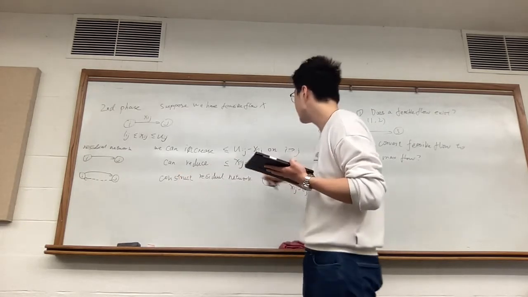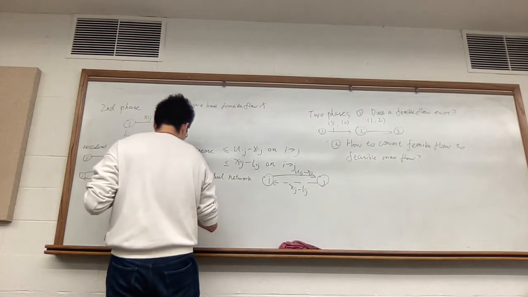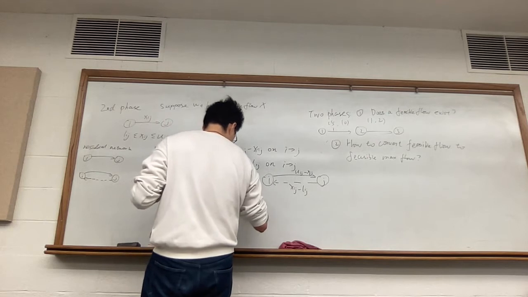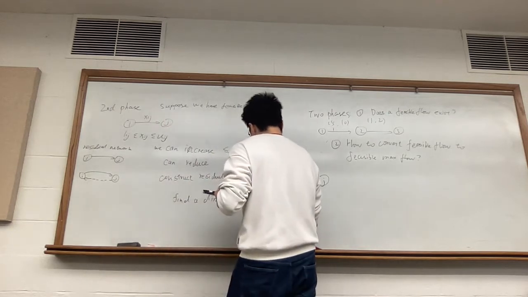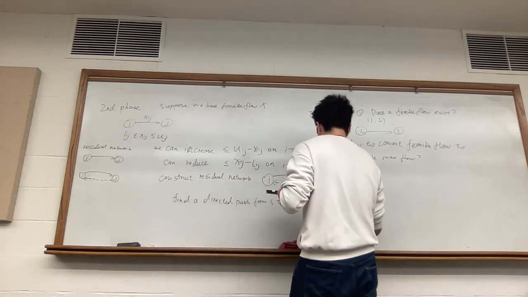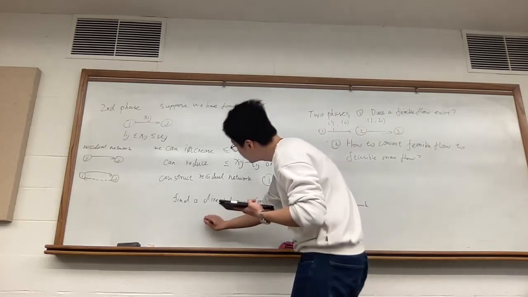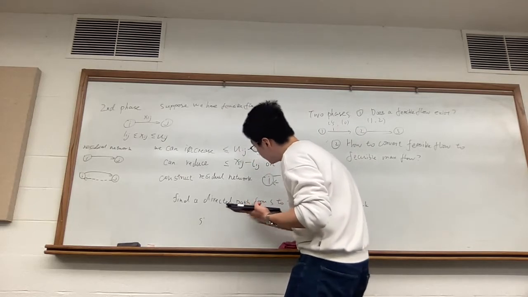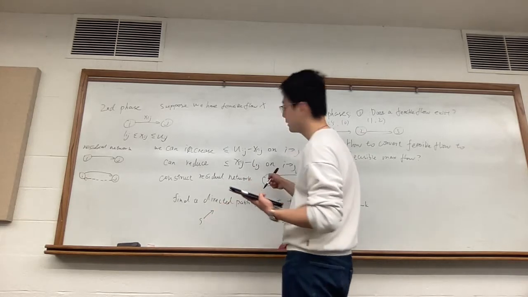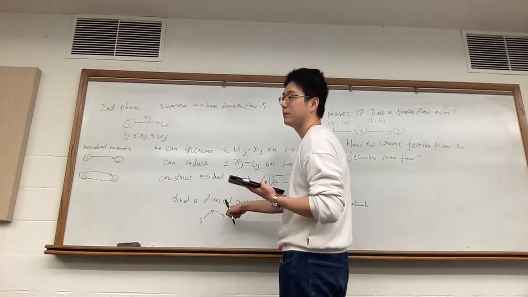So we construct the residual network. Then what's the next step? We need to find a directed path from S to T in the residual network. Suppose this is S, this is T. For some of the arcs, it may be like this, it is I to J. But for some of the arcs, it can be this dashed line.